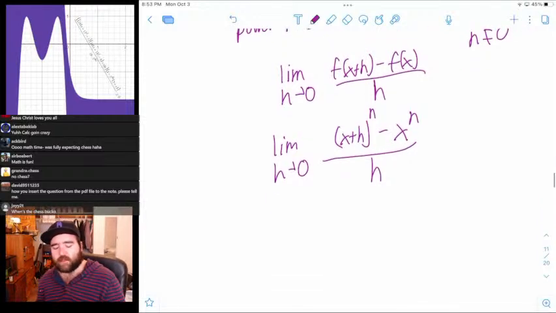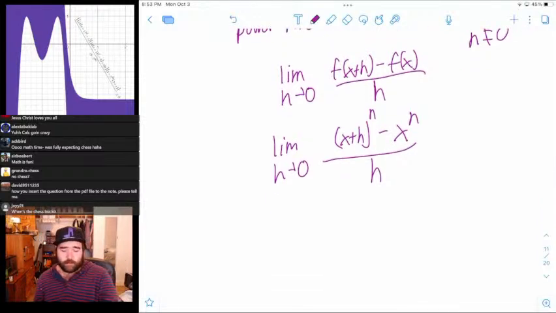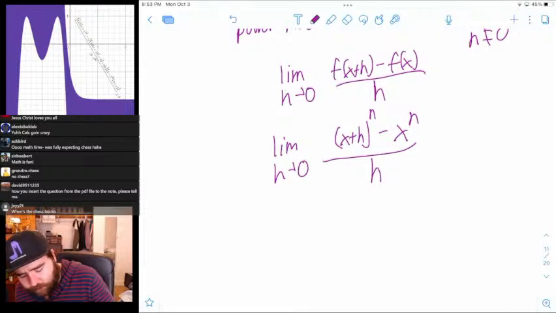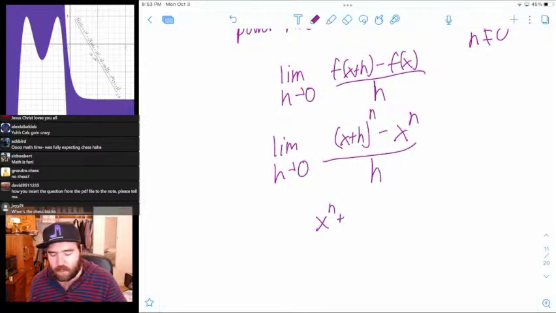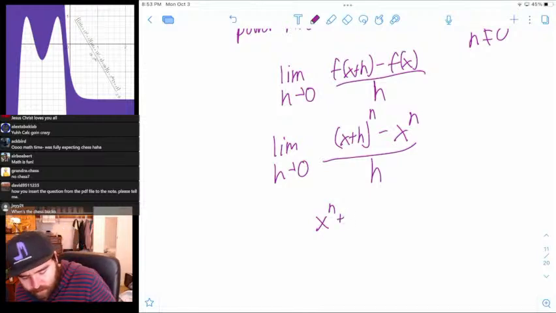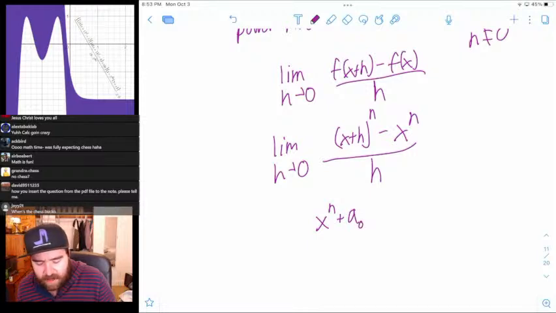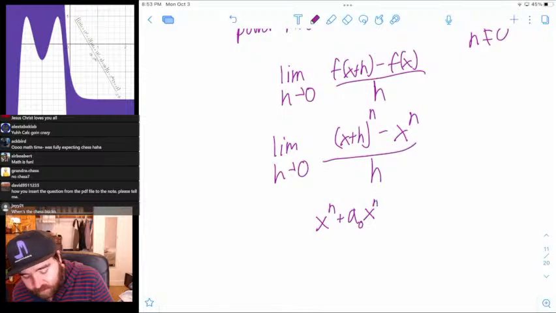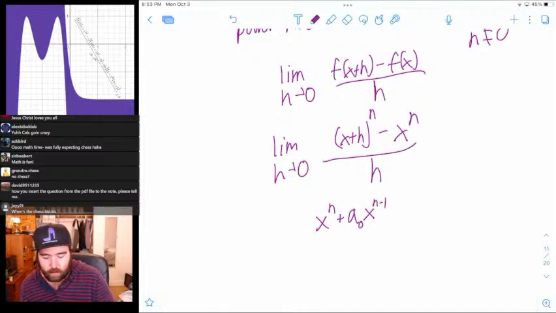So we can use Pascal triangle ideas where we foil this out. It's going to be x to the n plus some number. I'm just going to call it like a naught times x to the n minus 1.